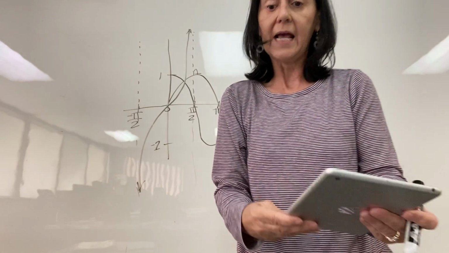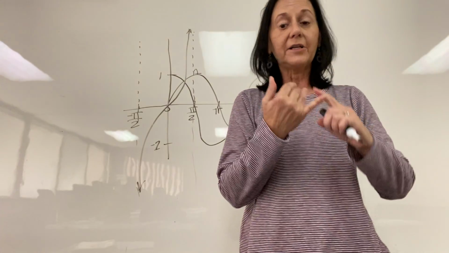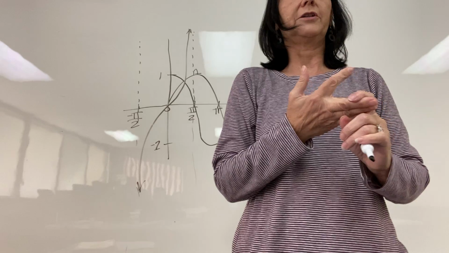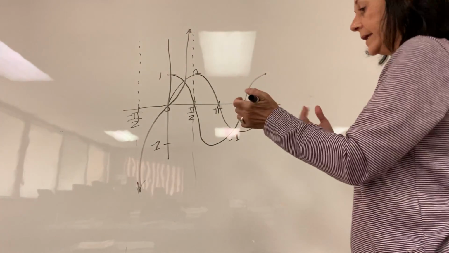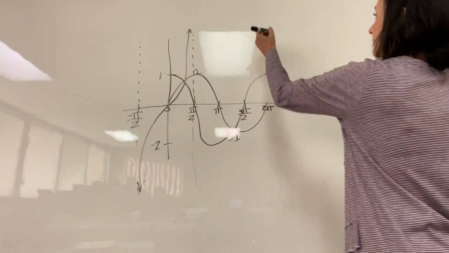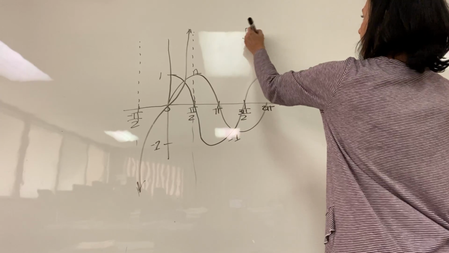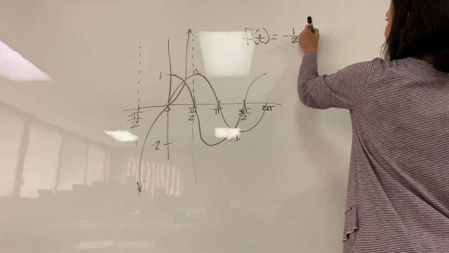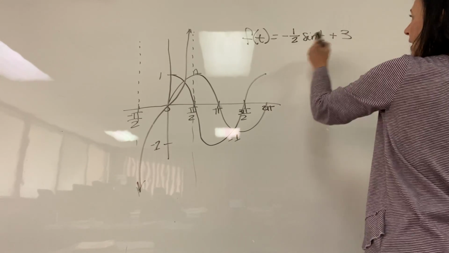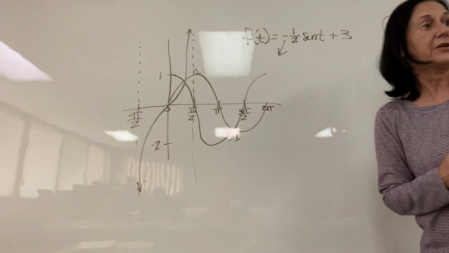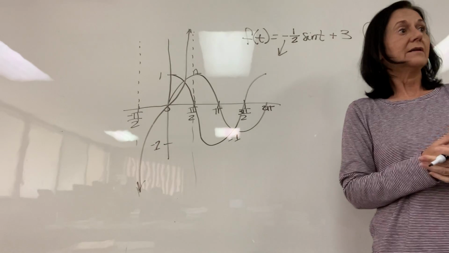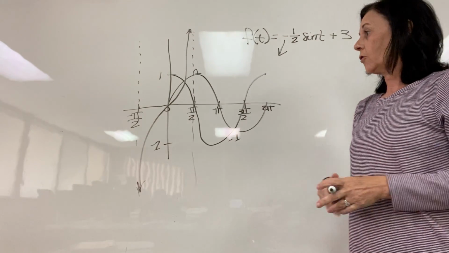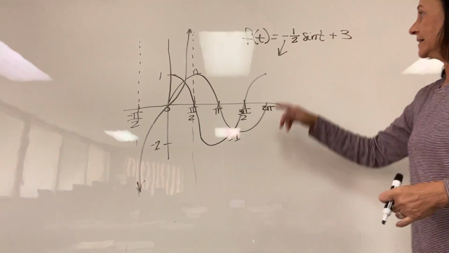Now, we have looked at reflections, vertical shifts, and vertical stretches. Those are the 3 transformations we've looked at. So that is your reflection, a vertical reflection across the x-axis.